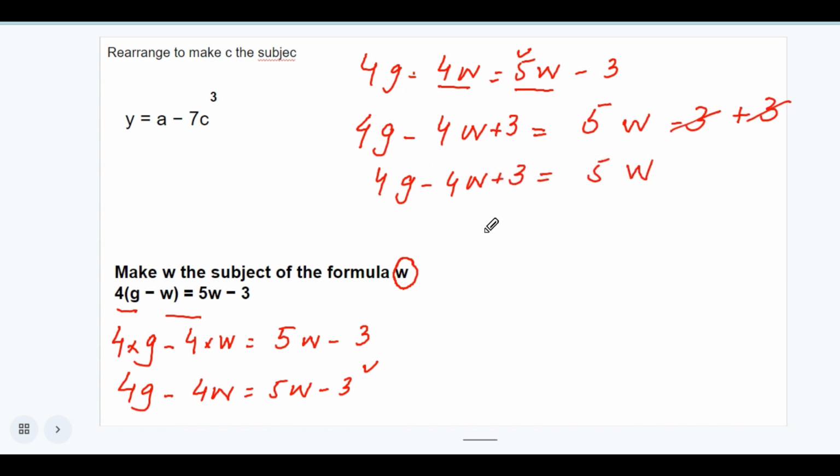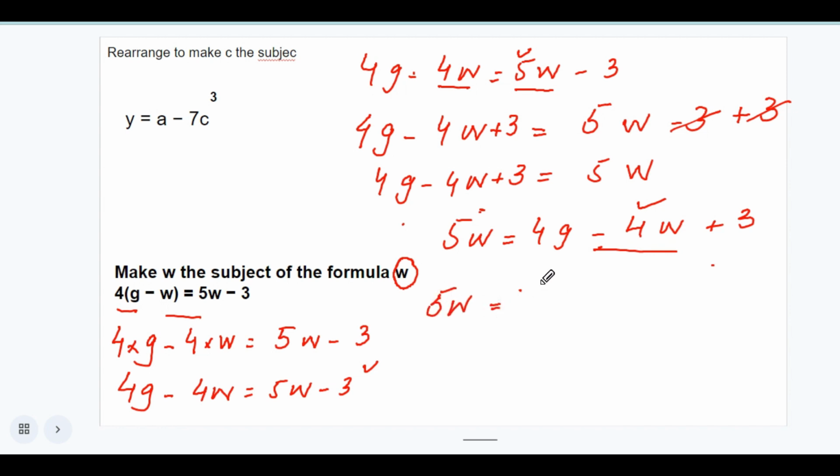I can write now like this: 5w equals to 4g minus 4w plus 3. Now look at here. This 4w we need on this side, not on this side. Why? Because we need this w to be the subject of the formula. It means we need to remove this minus 4w. So let's remove it.